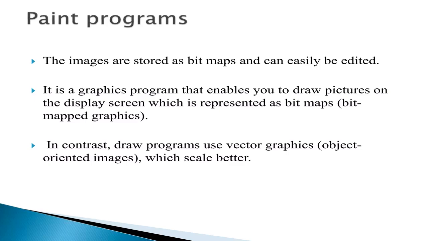It is a graphics program that enables you to draw pictures on the display screen. With the help of this paint program, you can input vital data and information that will display on your screen, and you can manipulate them, which is represented as bitmap graphics.